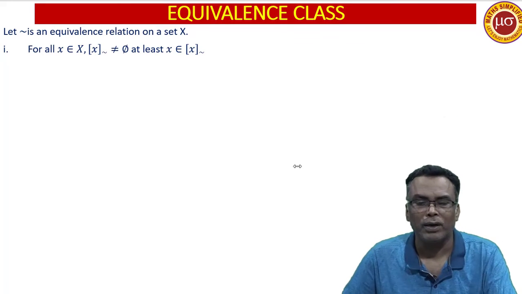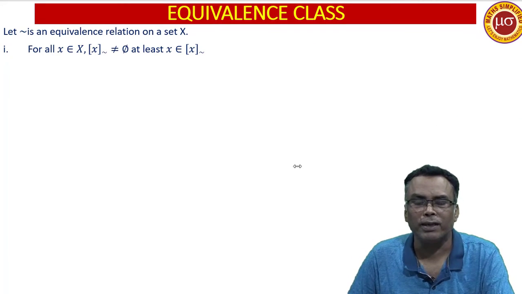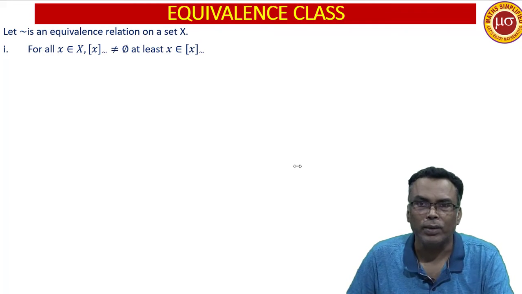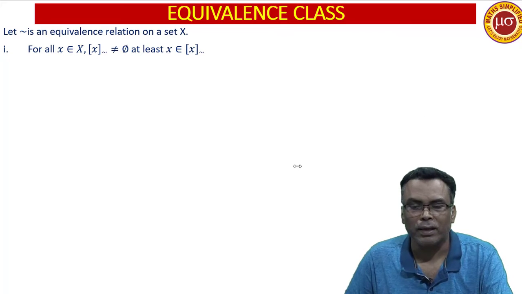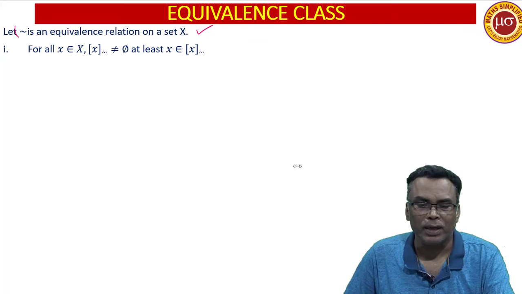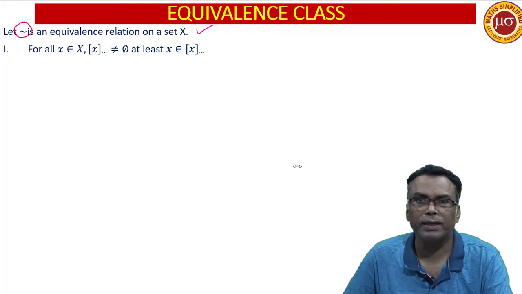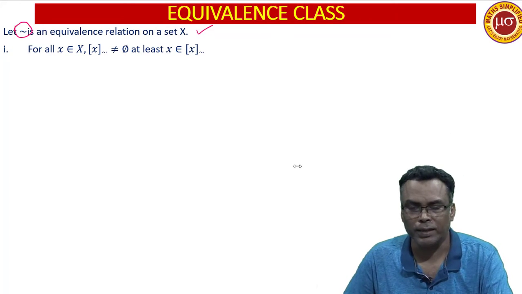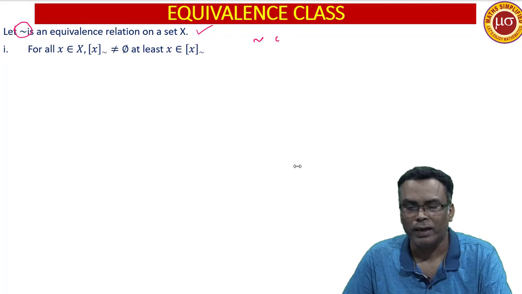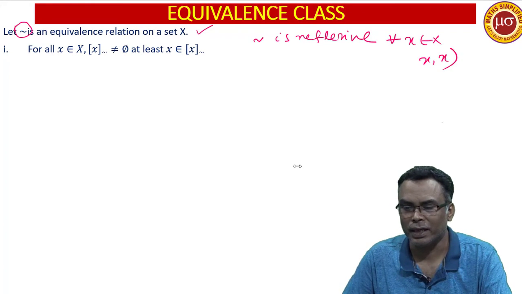Next we go for the properties of the equivalence class. For an equivalence class we need an equivalence relation. Here on this set X, wiggle is the equivalence relation. So it must be reflexive, symmetric and also transitive. Reflexive means for all x belonging to X, x is related to x.